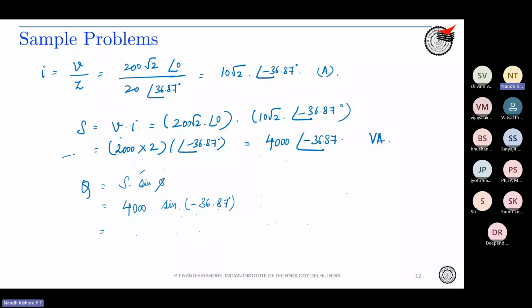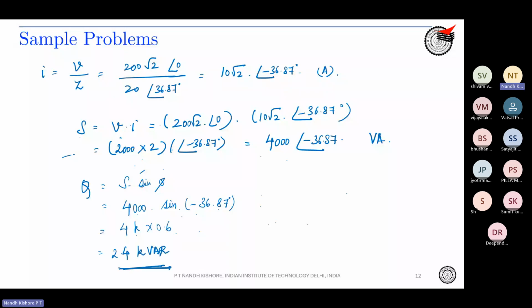So this gives you how much? 0.6 into 4000, correct? 4K into 0.6, which gives you 2.4 kilovolt ampere reactive, right?